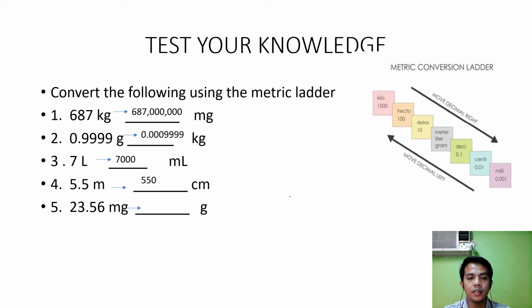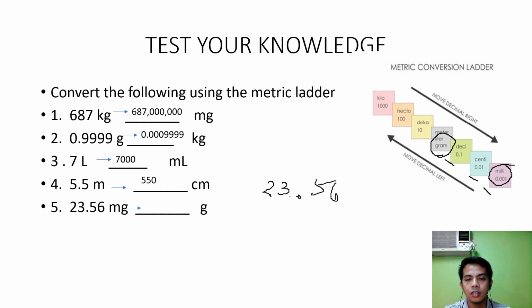Then number 5 is 23.56 milligrams. So milligrams. So this is milli and convert it to gram. So we need to move upwards. So the step for the decimal place is we need to move from right to left. Okay, so 23.56.